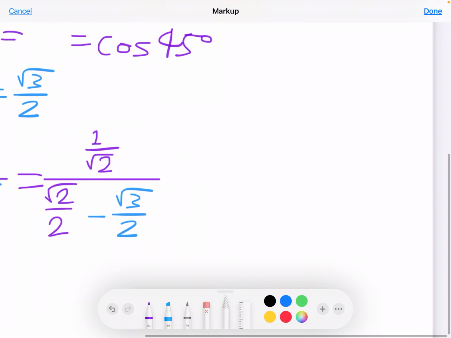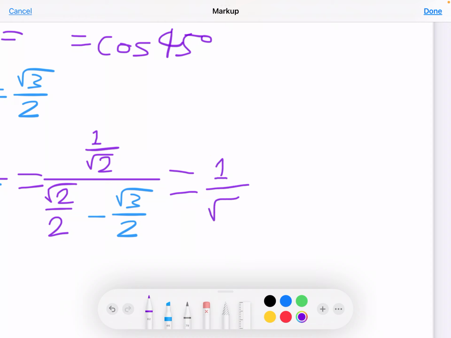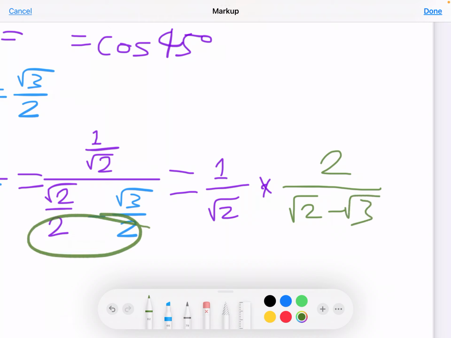And remember, since we are dividing fractions, it is essentially multiplying by the reciprocal of the bottom number. So it's 1 over square root of 2 times 2 over square root of 2 minus square root of 3. Since it's the same denominator, we can combine them.